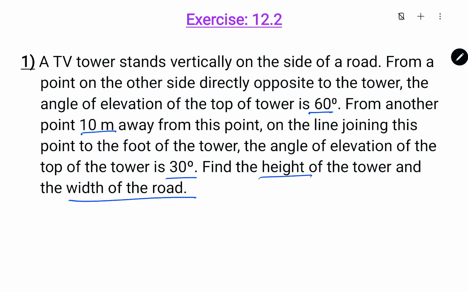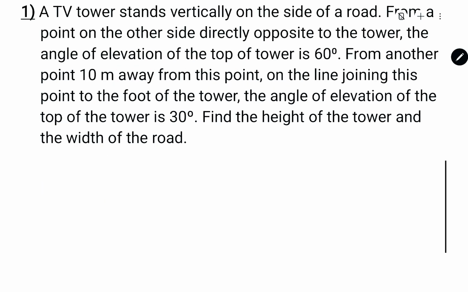Now draw a figure from the question. Draw one vertical line. Here the angle of elevation of the top of the tower is 60 degrees. From this point 10 meters away, the angle of elevation is 30 degrees.